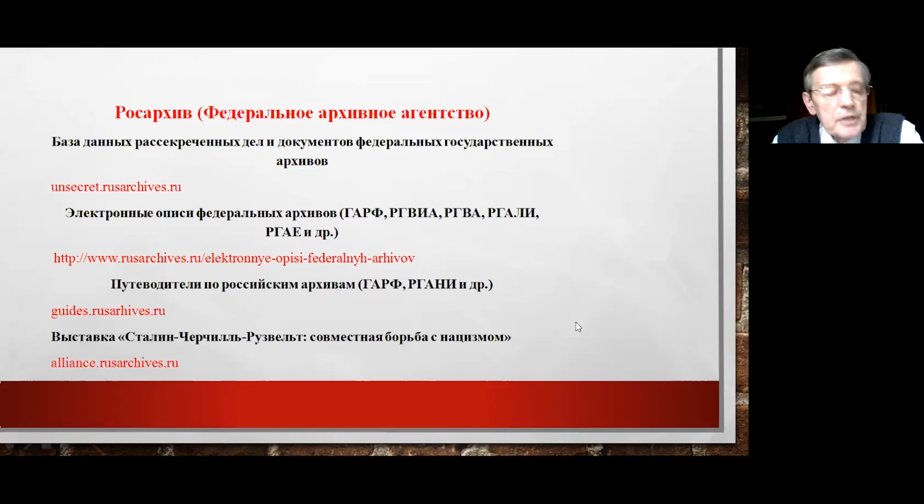Now, a few words about other collections in other places. One thing which I would like to recommend is the new stuff at the Russian State Archive of Economy. Recently, Special Fund number 413 was declassified and made available to researchers.